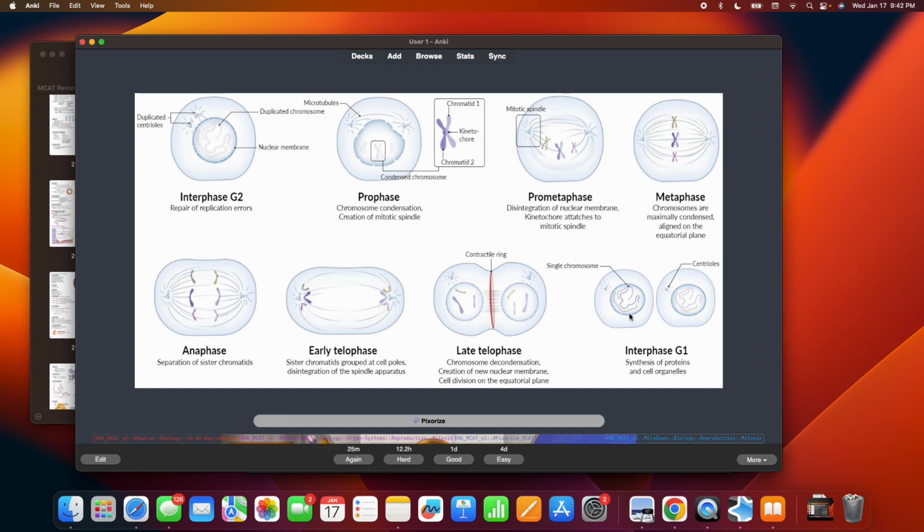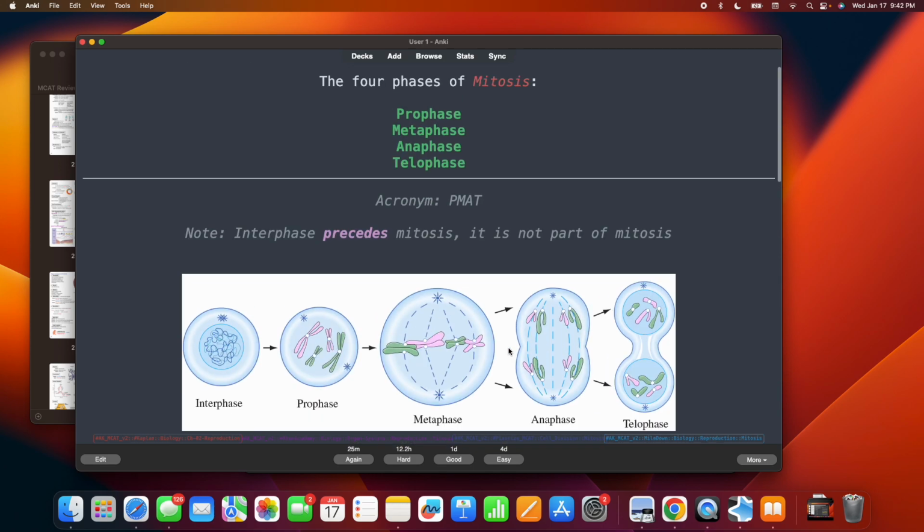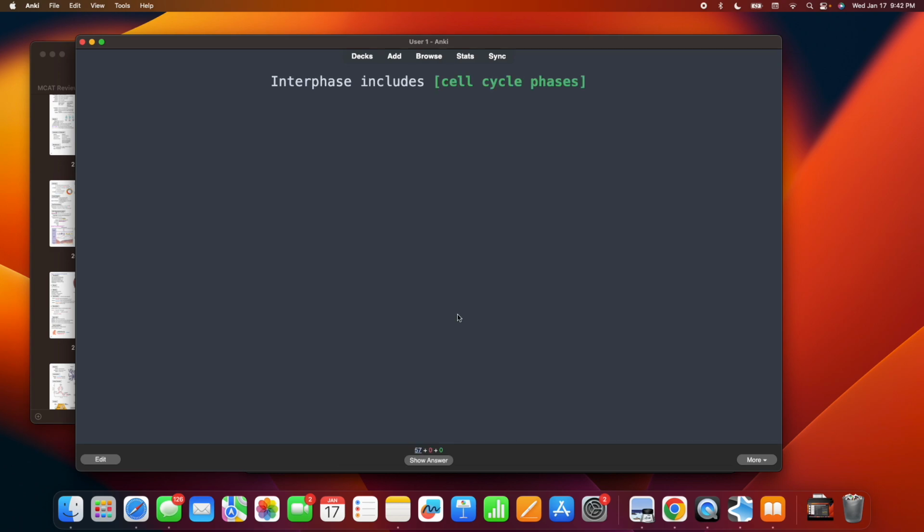Interphase G2 is right before PMAT, the mitosis, but interphase G1 is after, with synthesis of proteins and organelles. So you have one centriole in each daughter cell, and single chromosomes. Beautiful.